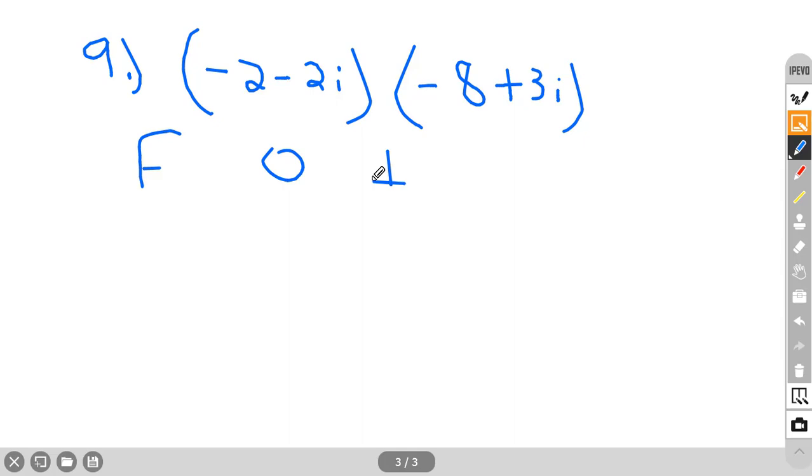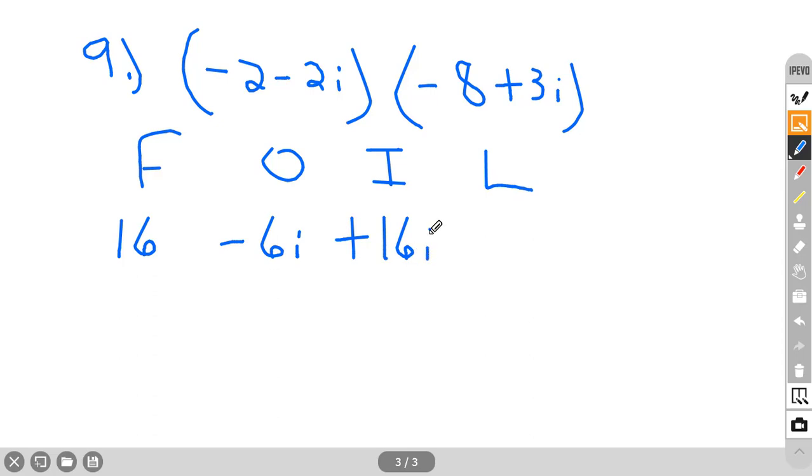Outside, inside, and last. So do my first, that's negative 2 times negative 8, which is going to be a positive 16. Outside is negative 2 times 3i, which is going to be negative 6i. Inside is negative 2i times negative 8, which is going to be a positive 16i.